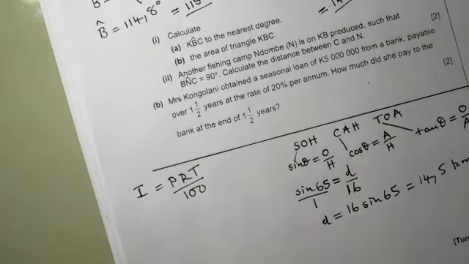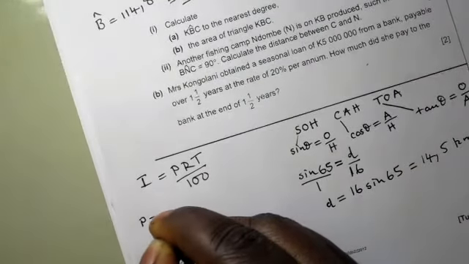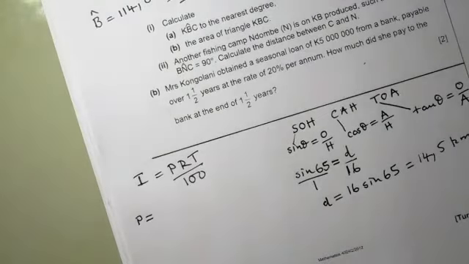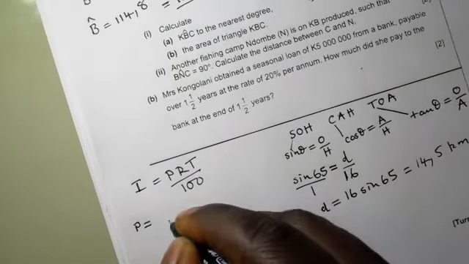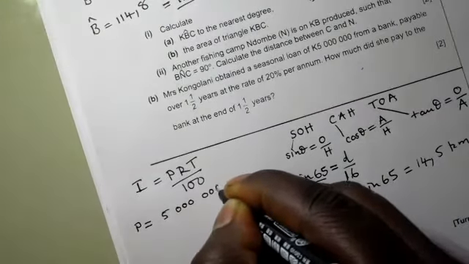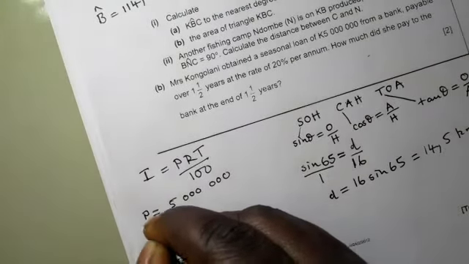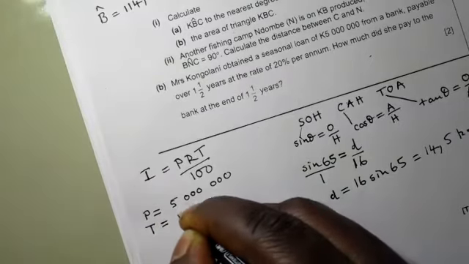Right, so P, what is P? P is the principal, which refers to the amount invested or the amount borrowed. And in this case, P is 5 million. So I'm going to write 5 million, right? Then payable over 1.5 years, it means that T is equal to 1.5 years.